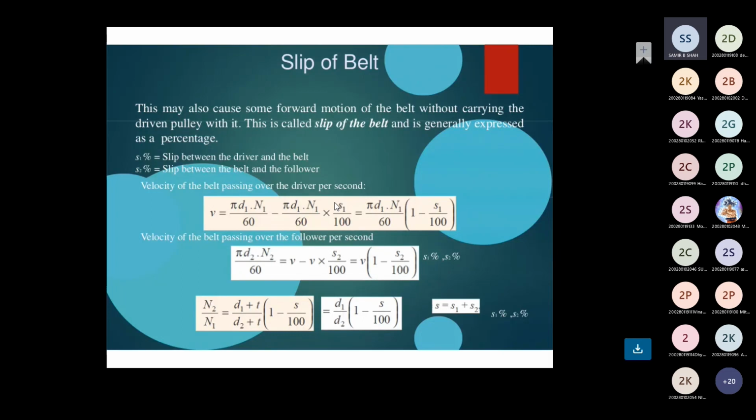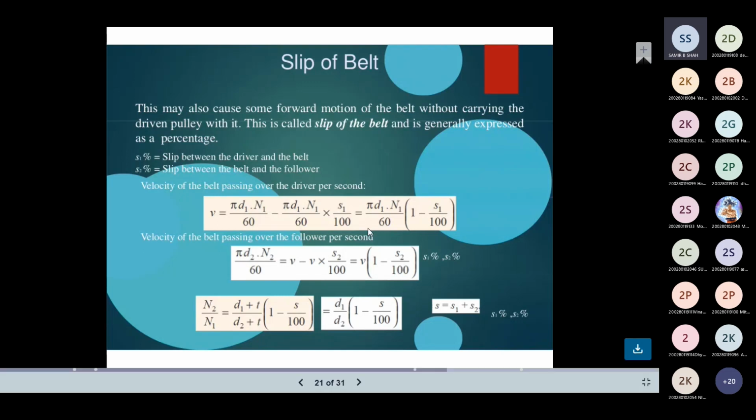If two slips are given to us, the total slip is equal to the summation of s1 plus s2, the summation of driver slip and follower, or driven. In the same way, if thickness is given to us, we have to add it to d1 and d2 of the belt.